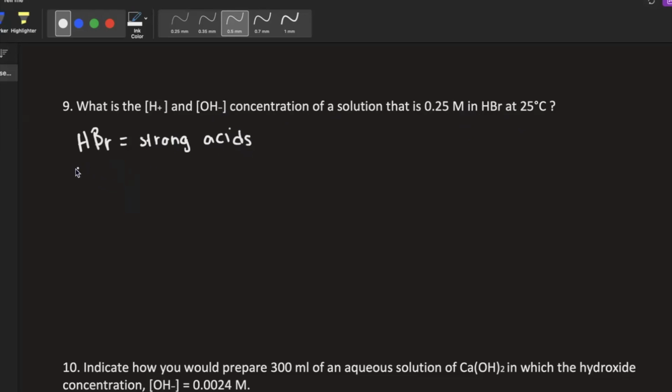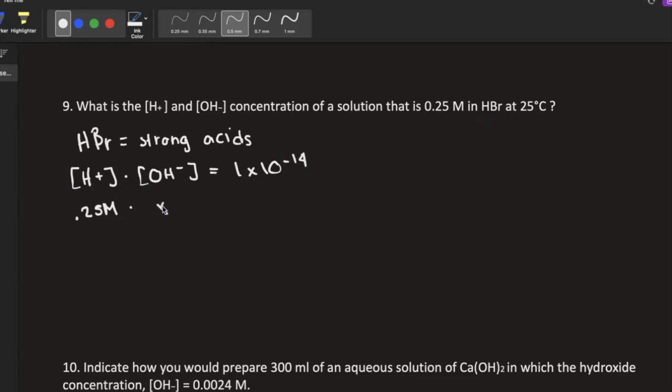And we also know that the hydrogen ion concentration times the hydroxide ion concentration is going to give us 1 times 10 to the negative 14th. If we have 0.25 molar in HBr, it means we have 0.25 molar in our strong acid.